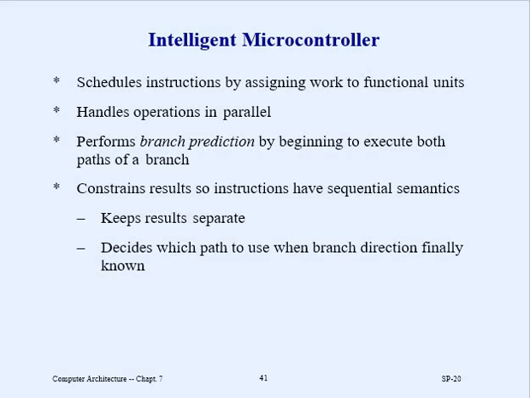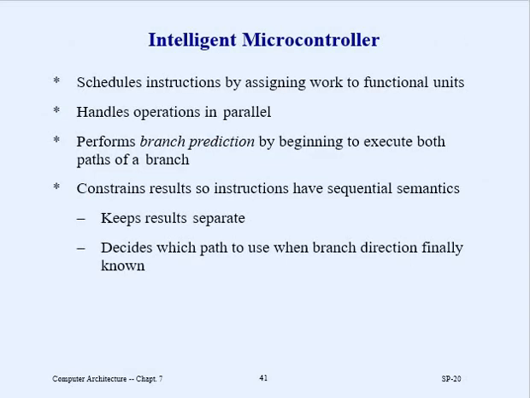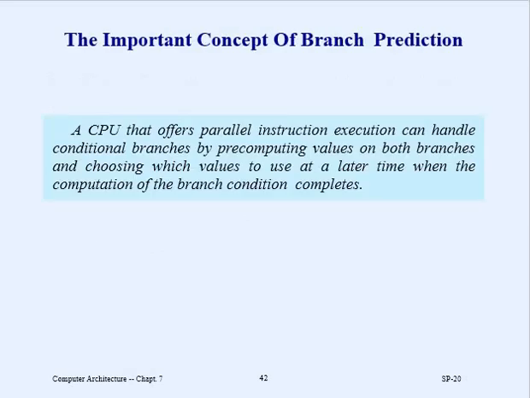Okay, and let's move forward. After the intelligent microcontroller, the important concept is branch prediction. Yes, so the same thing that I explained in the last slide is all written here in other words with the caption of branch prediction.